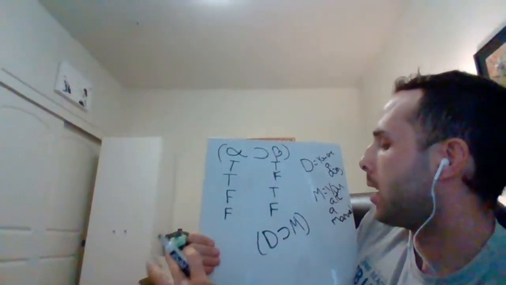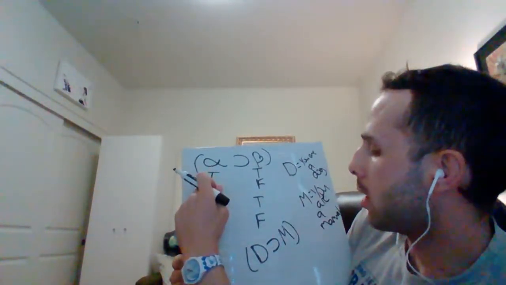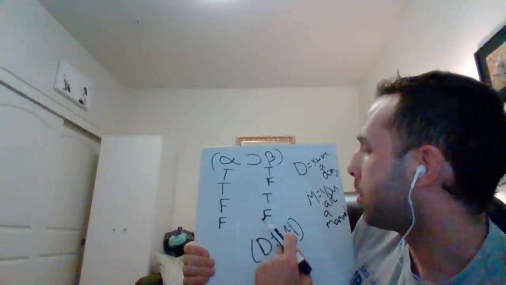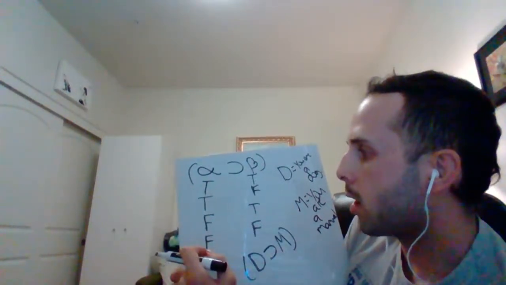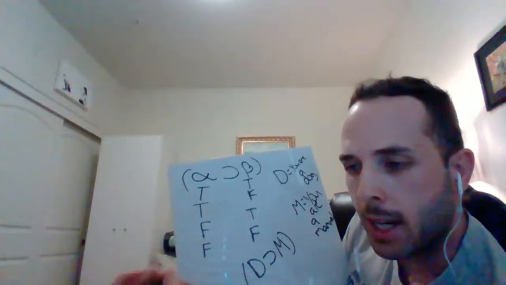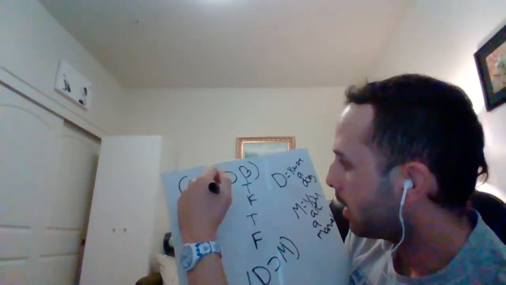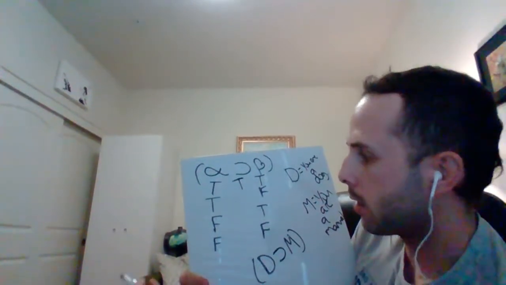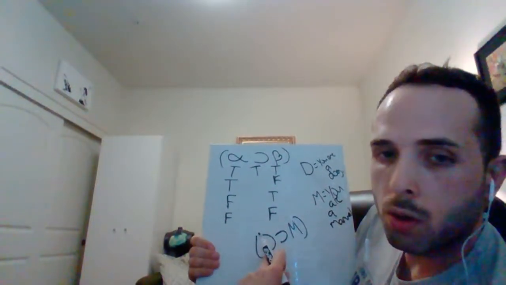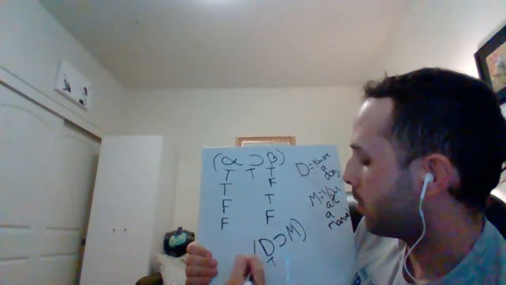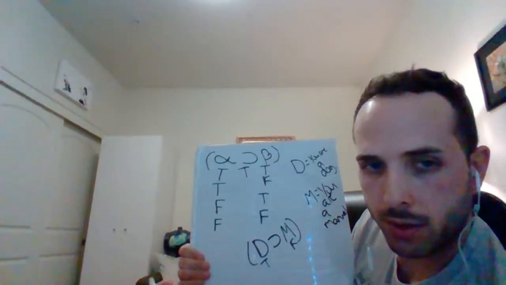Now, let's say it's true that you are a dog and it's true that you are a mammal. Would the statement, if you're a dog, then you're a mammal, be true for you? We want to say, hell yes, it would. Now let's say it's true that you are a dog, but you being a mammal would somehow be false.